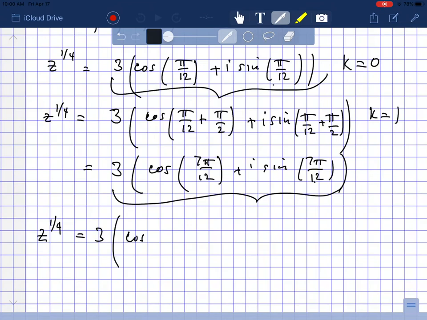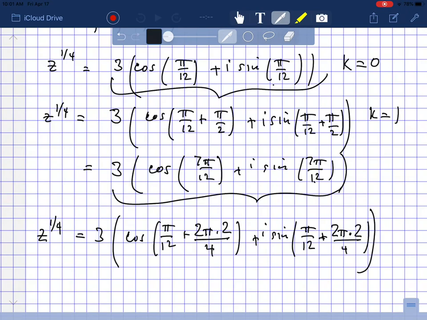This is going to be 3 times the cosine of pi divided by 12 plus 2 pi times 2 divided by 4, plus i times the sine of pi over 12 plus 2 pi times 2 divided by 4.